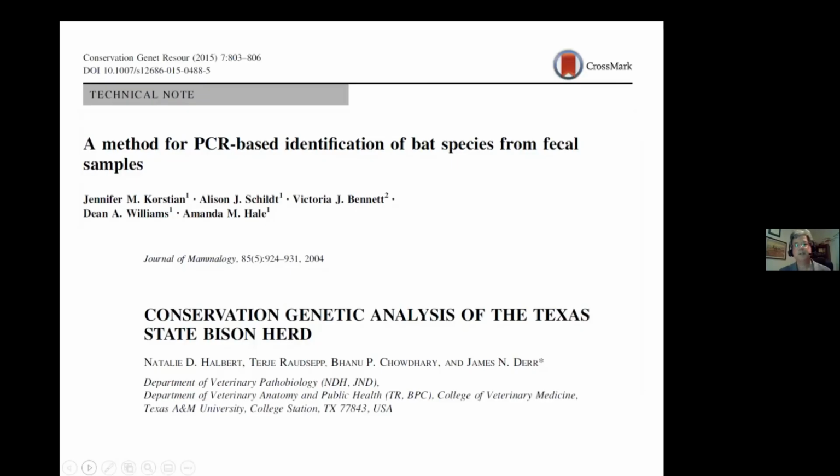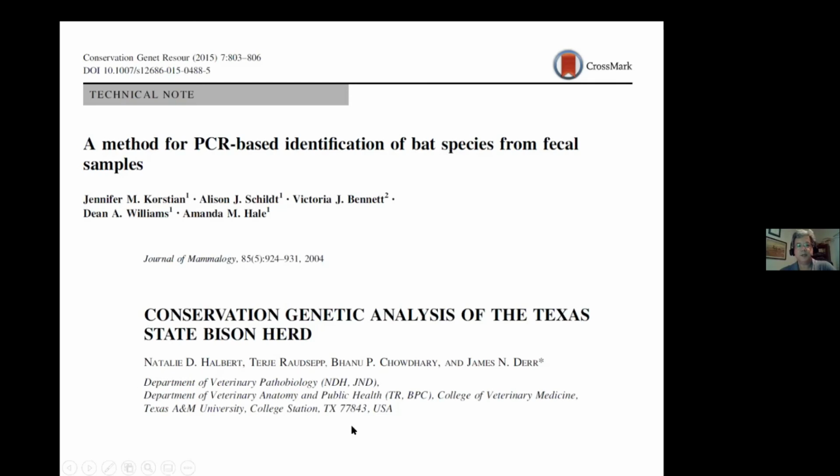All right, so just to give you a couple of examples where this is actually being used. So here's a paper that I pulled from Conservation Genetics Resources. They're using PCR, amplifying genes that are specific for bats to identify the bats just from their scat, just from the bat fecal samples.